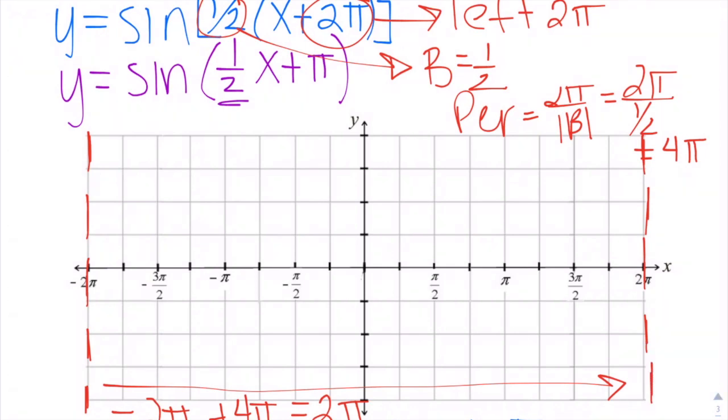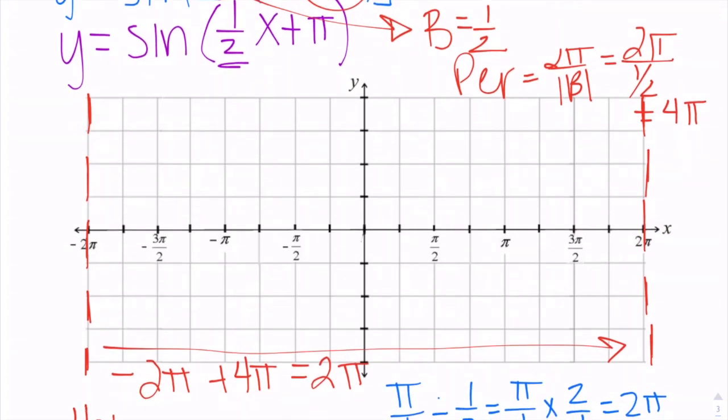We want to break this into fourths, so 4 pi divided by 4 gives us pi. We can make a little mark on our graph every pi amount, and that's where all of our points will fall.